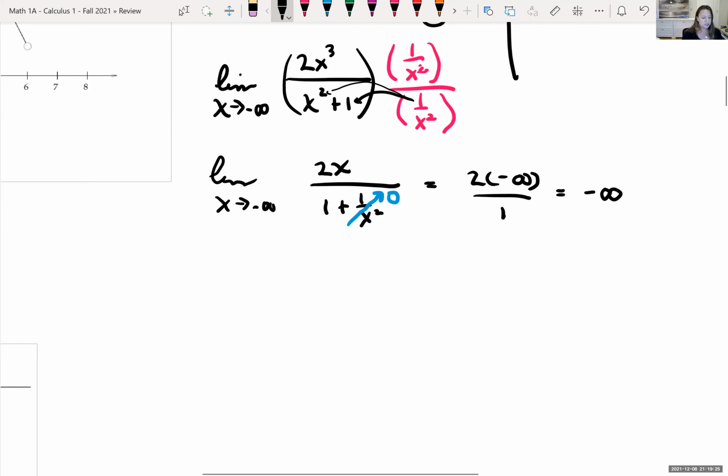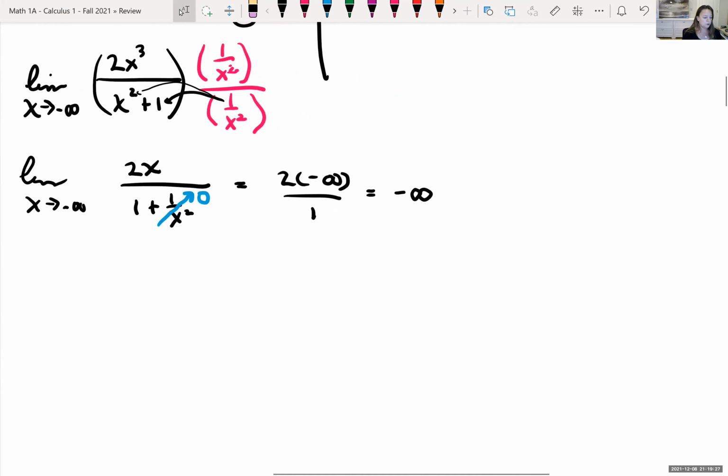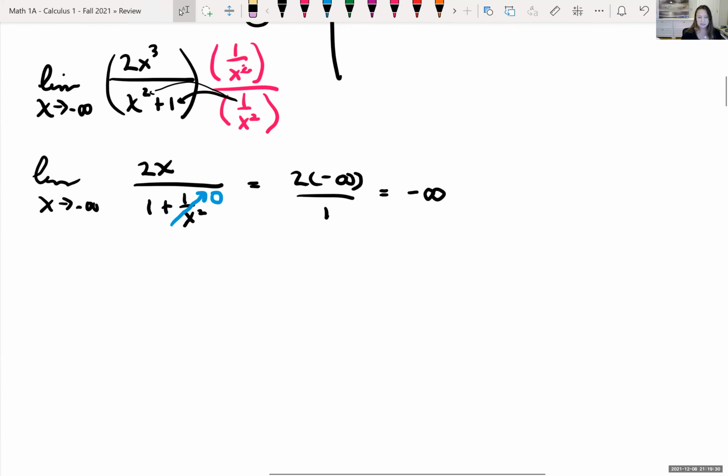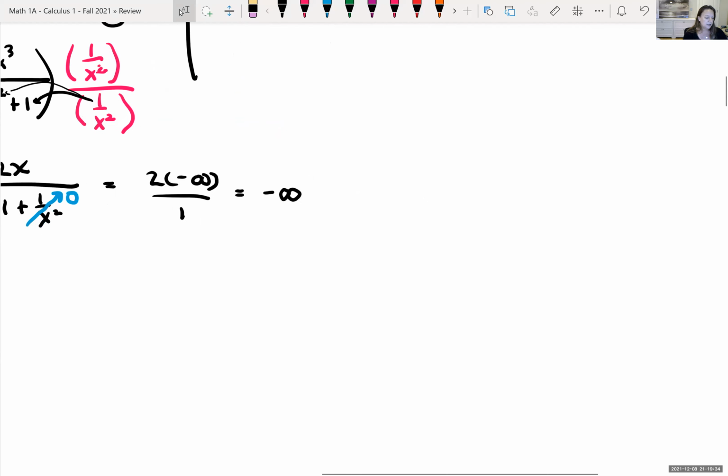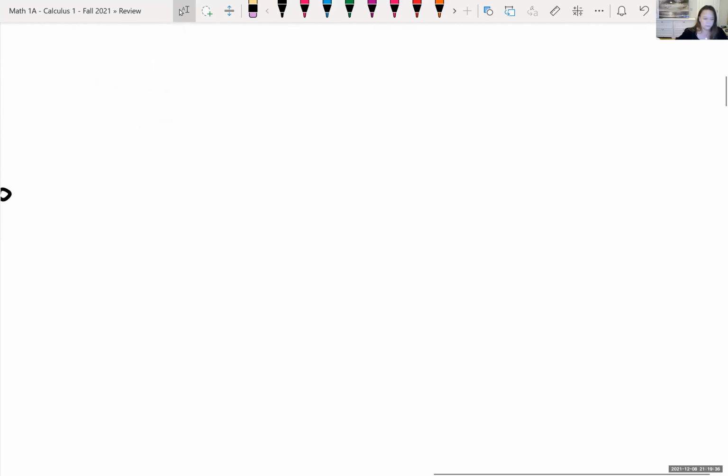And then there was a question about going through the formal definition of the derivative. Let's look at one of those problems. So let's get some room.